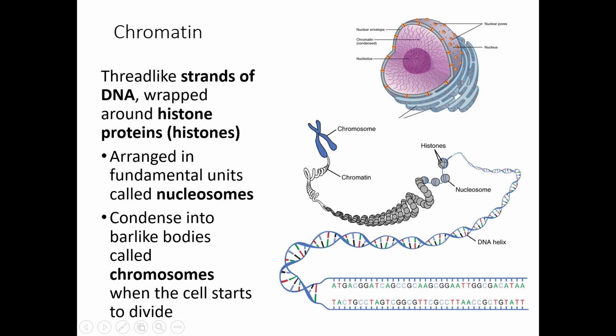And only right before the cell is going to divide, all the chromatin inside of the cell is organized in chromosomes. Can you remember how many chromosomes we have in each of our regular cells, not sex cells? The correct answer will be 46 or 23 pairs of chromosomes.